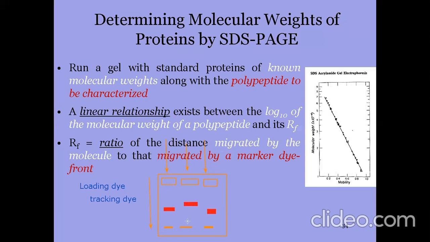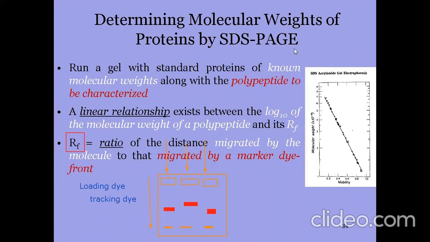So this means the ratio of the distance migrated by our protein to that migrated by the marker dye front. So RF is the ratio between the two.